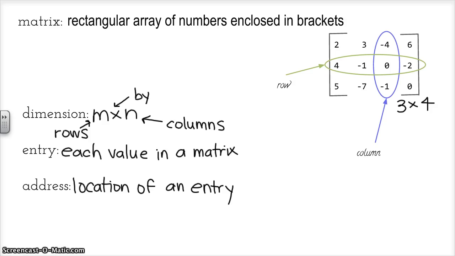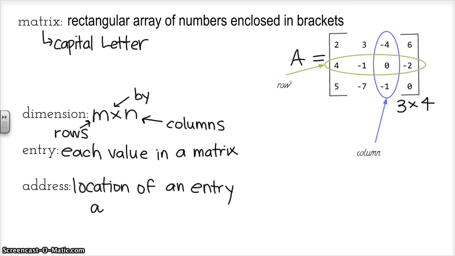Here's how it works. Every matrix is named with a capital letter. So for example, we could call this matrix A. And so when we write our address, we're going to take the lowercase version of the name. So if this was capital A, we use lowercase a. And then we use a subscript.